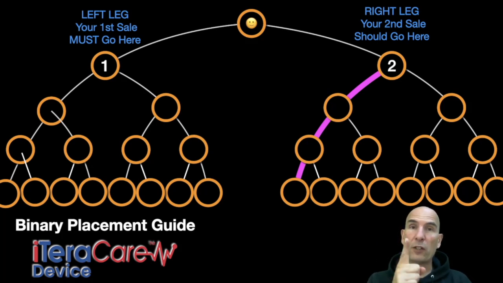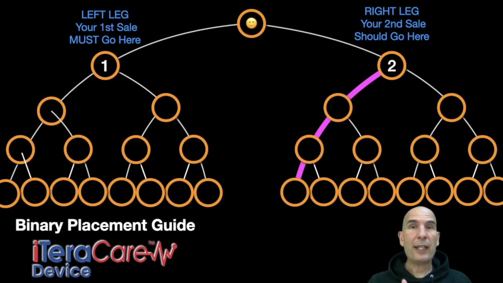And your first sale, when you go and make a sale using your own link, which of course your sponsor will explain to you, must go in the left leg, okay? On the left leg, you'll see the number 1 in the top circle. The first sale must go in your left leg.